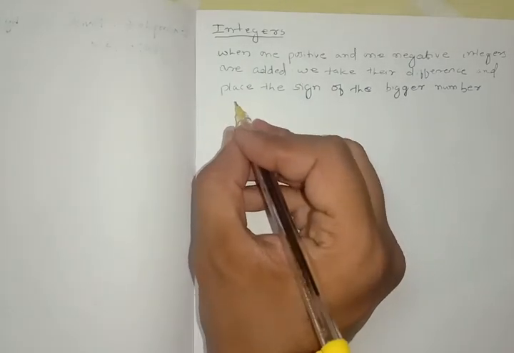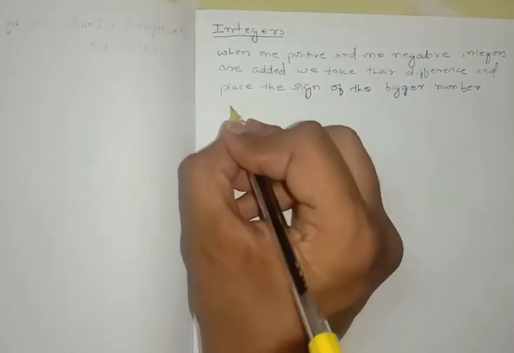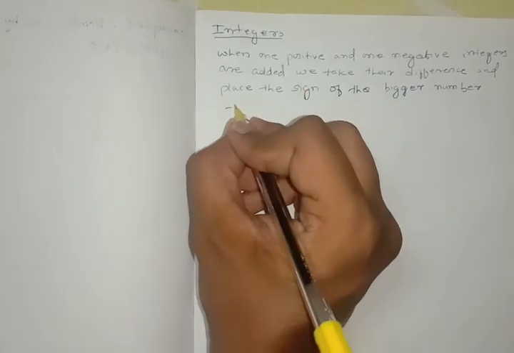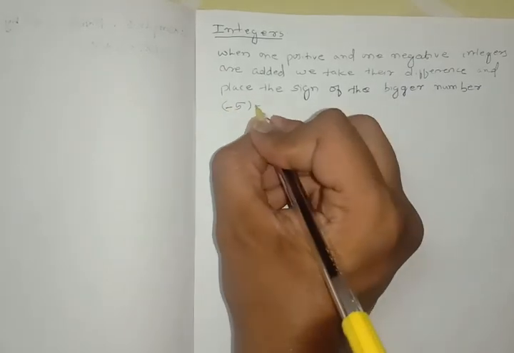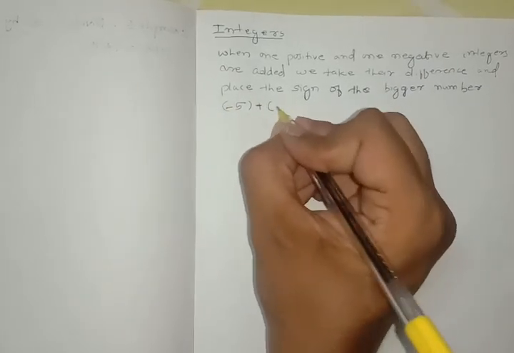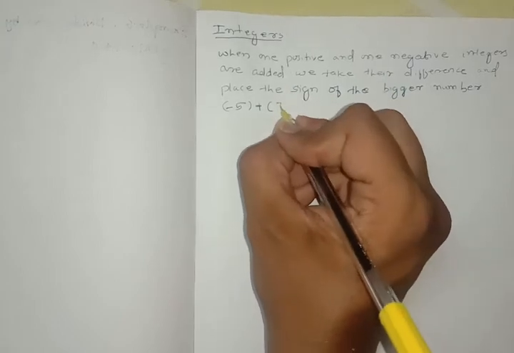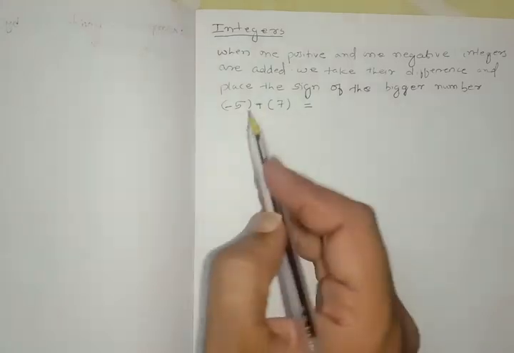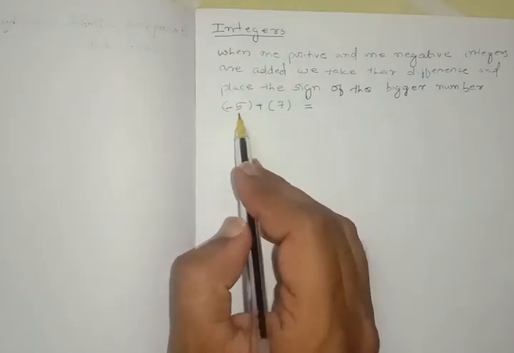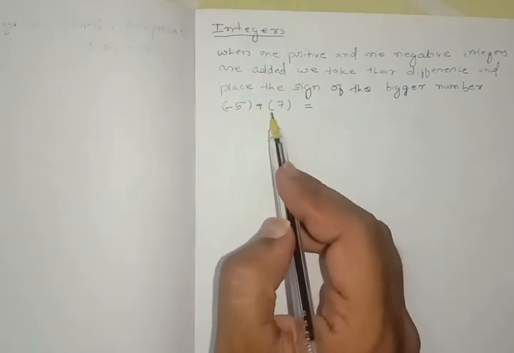Let's take an example. -5 plus 7. Here you see one integer is negative and another integer is positive.